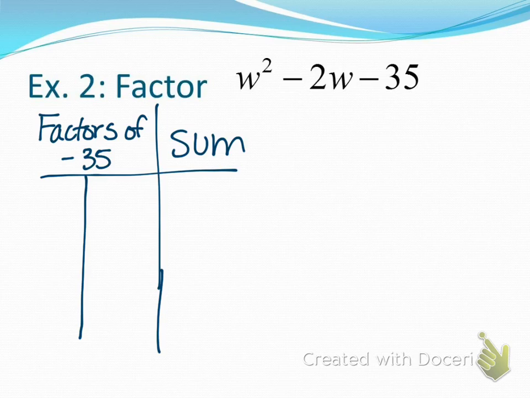Kelby, can you give me a factor pair for negative 35? Negative 1 times 35 will work. Jaquan, can you give me another one? Good. We can flip-flop those signs. Positive 1 times negative 35.